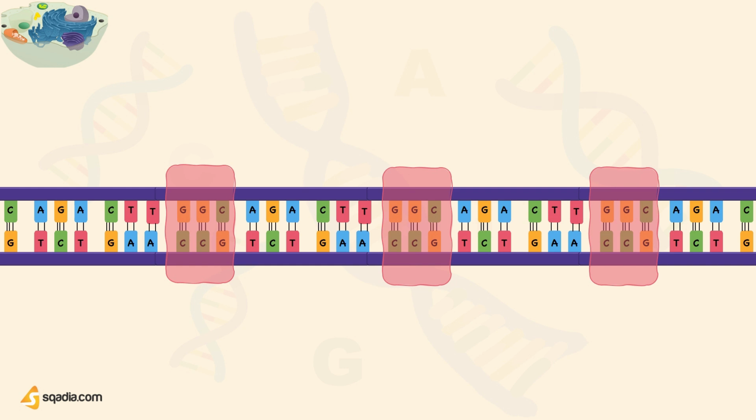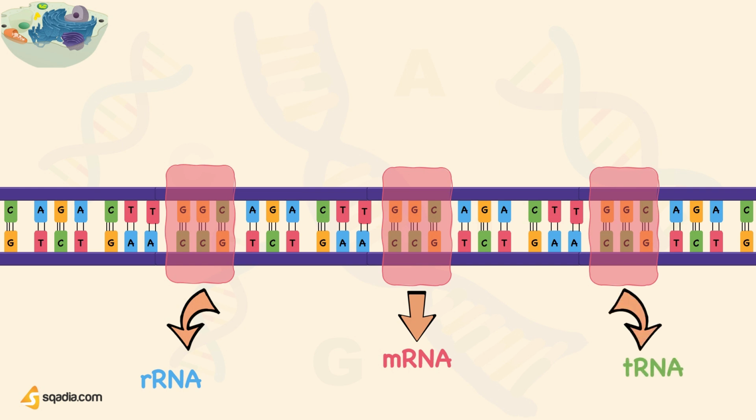Here are three promoters, so this means all three RNA will be made separately. Ribosomal RNA will be made separately. Then messenger RNA. And lastly transfer RNA.